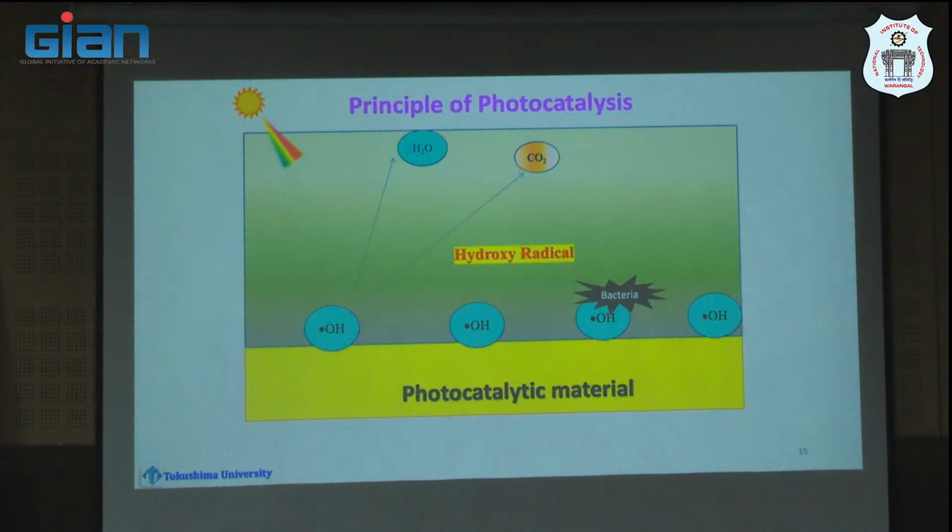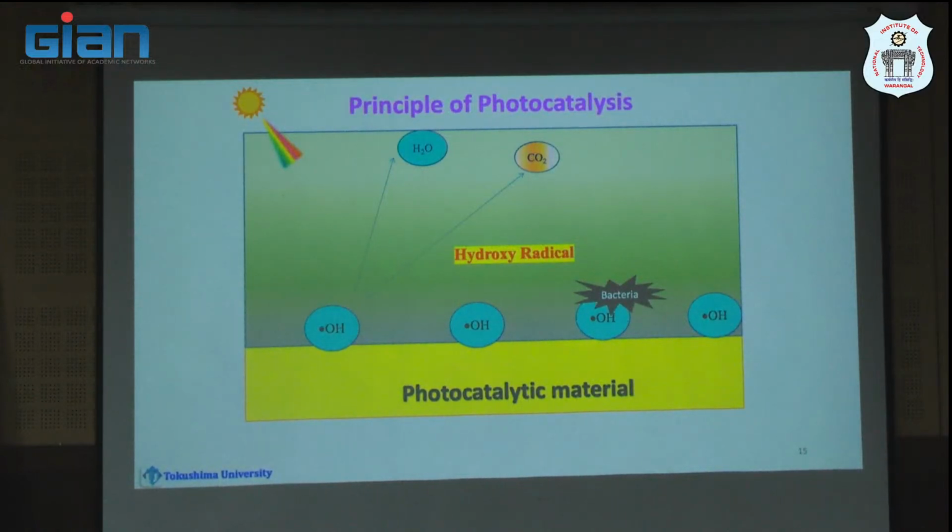So this way, finally the water becomes clean, and of course there is CO2. But the good thing about this technique is you don't need any electricity. You just need solar light. You have not used any kind of electricity, you don't need any kind of money. What you need is only the photocatalyst.